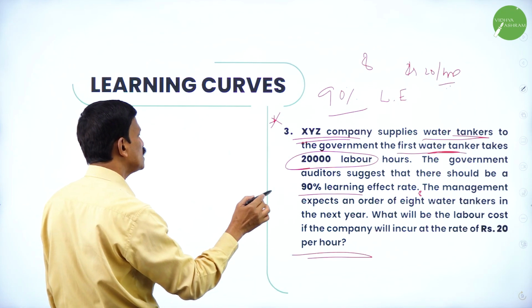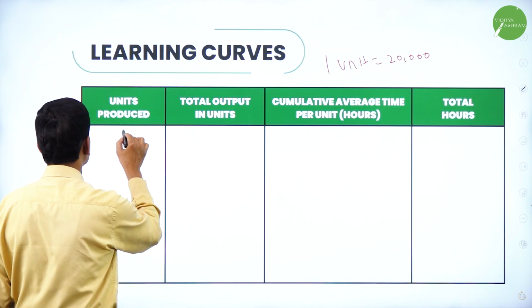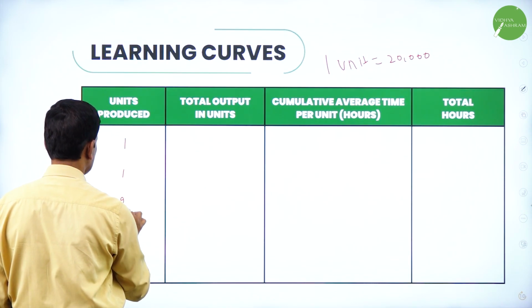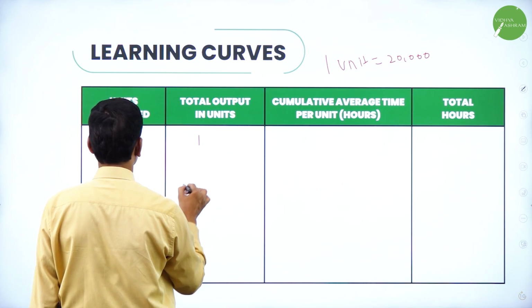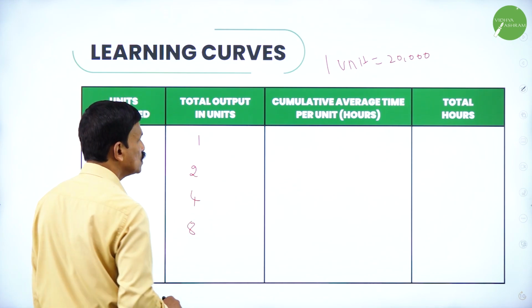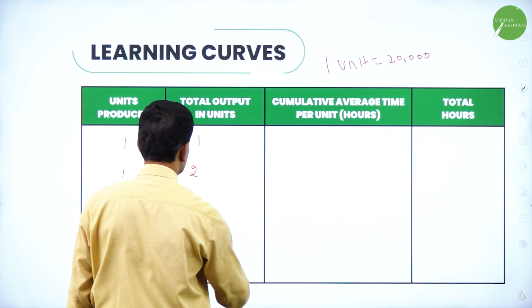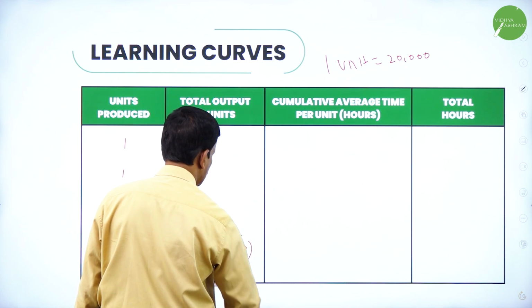That is 8 water tanks. So the units produced are 1, 1, 2, 4. Total outputs: 1 into 1 is 1, 1 into 2 is 2, 2 into 2 is 4, 4 into 2 is 8. So 8 water tanks.